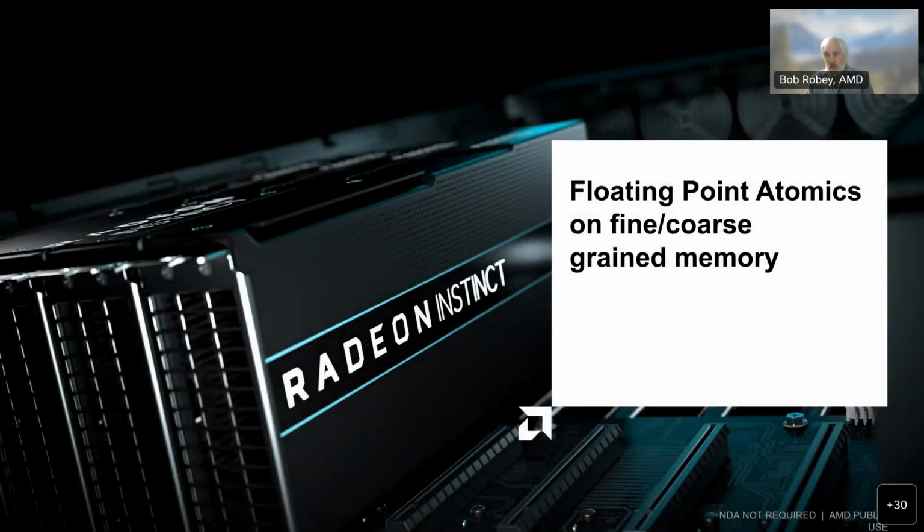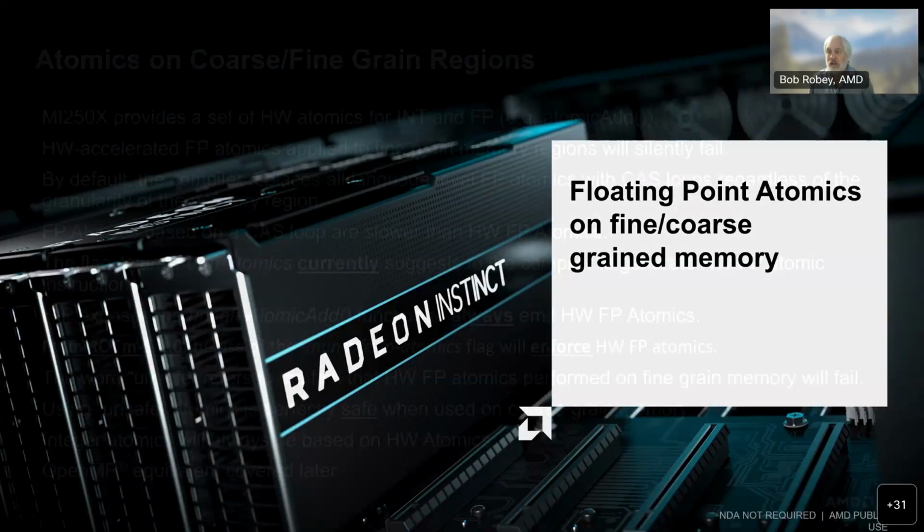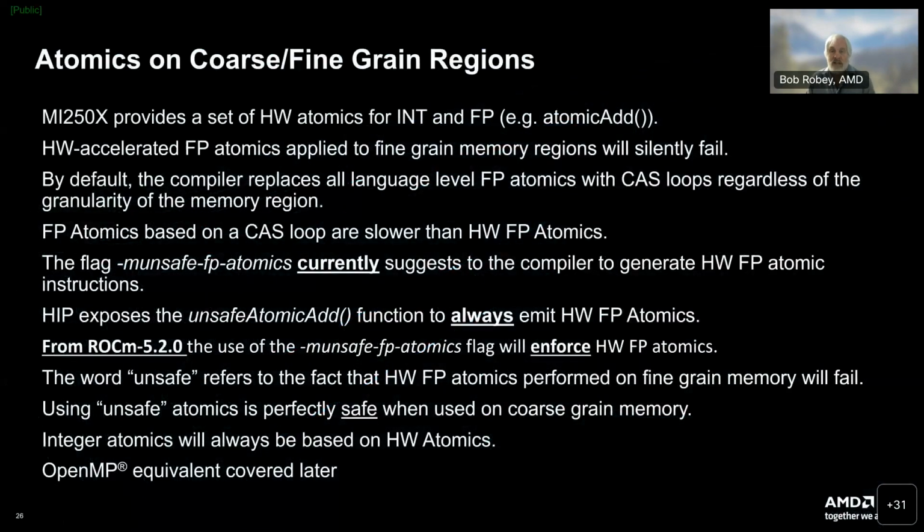Now, for most of us, other than some performance behaviors, we're not really going to worry about fine and coarse grain memory, except for one situation, and that's when we have floating point atomics. That's because of the different levels of coherence that you get from coarse and fine grain.